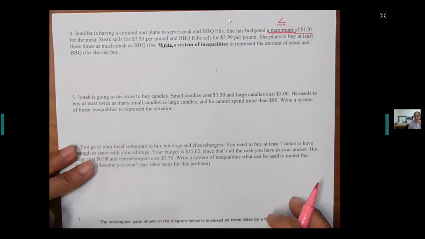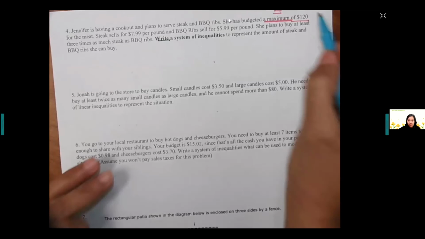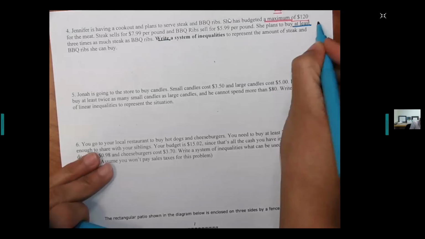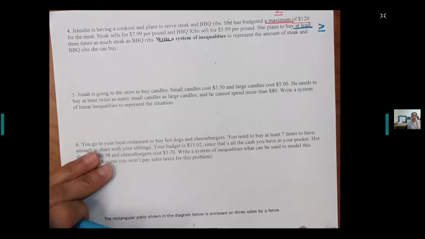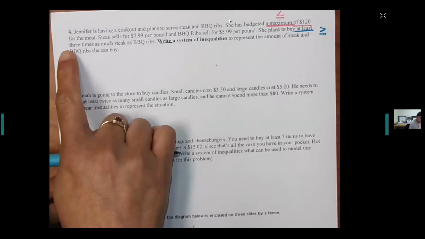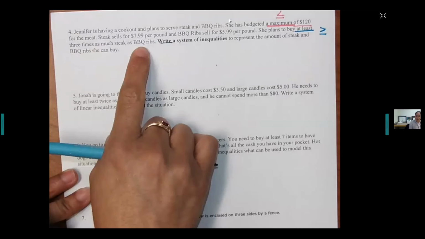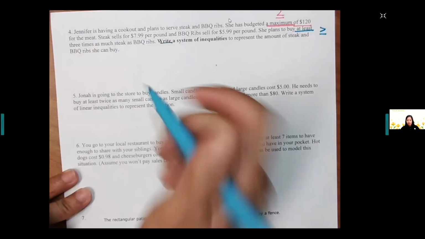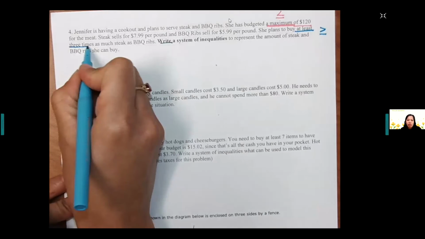And then any other keywords that you can pick out so far? Yes, she plans to buy at least 3 times as much steak as ribs. So at least is greater than or equal to. At least, good. At least means greater than or equal to. Okay, I like that. And then this information goes with 3 times as much steak as barbecue ribs. What does this mean, Ms. Doe?